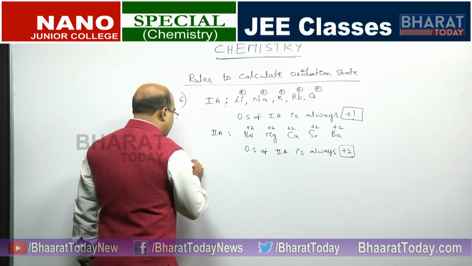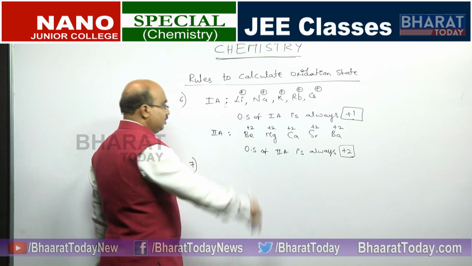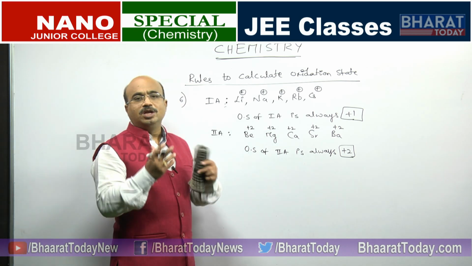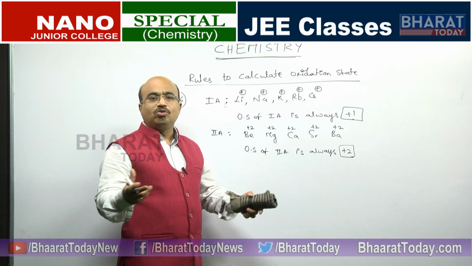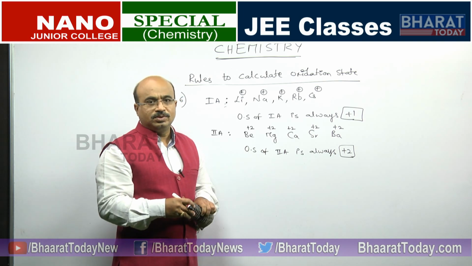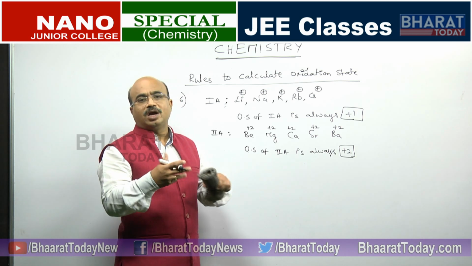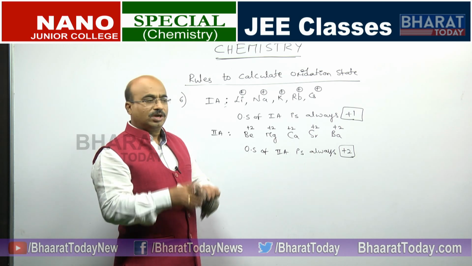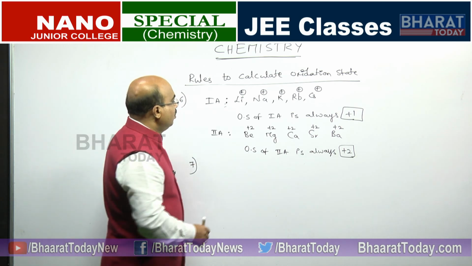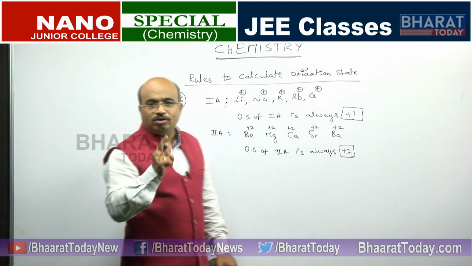Now, let us come to this. When we take a molecule, there may be many groups of atoms. When we take an ion also, there may be a group of atoms. Whatever it is, on a molecule the charge should be 0.